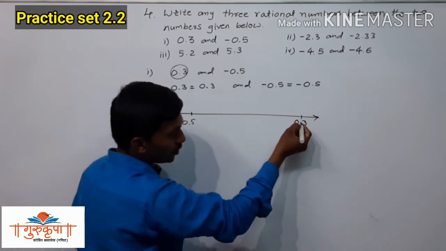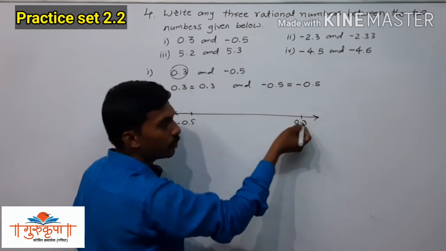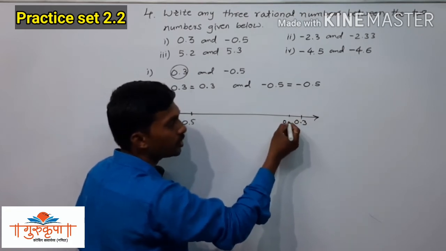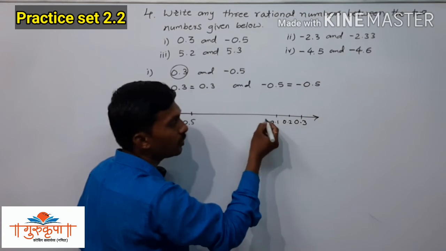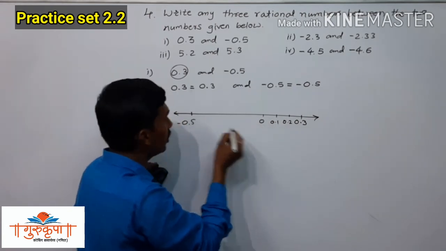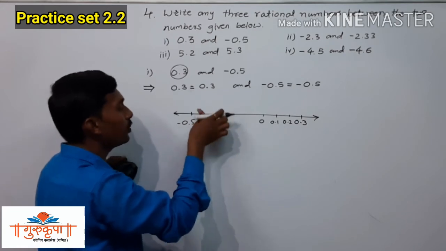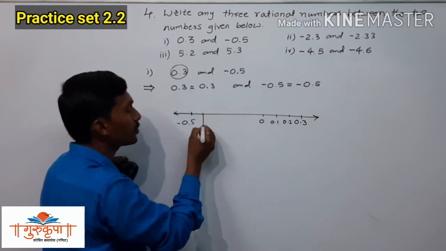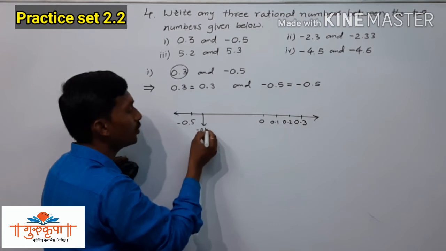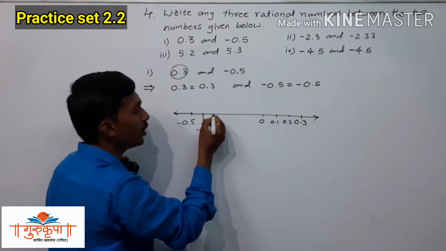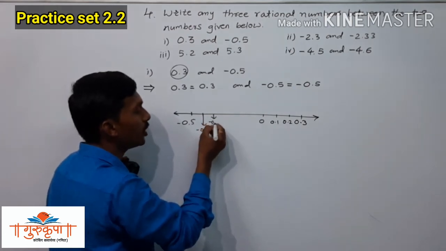Now here before 0.3, not after. Before 0.3, you can take 0.2 there, you can take 0.1 there, you can take 0 here. Now before minus 0.5, it should be minus 0.4. Then before minus 0.4, it should be minus 0.3.